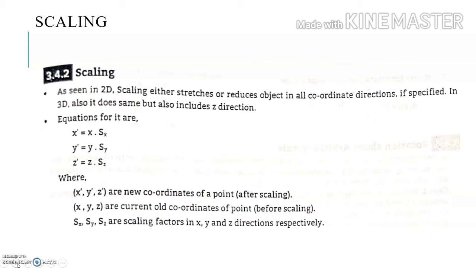In 3D it does the same, but it also includes the z direction. In 2D we studied scaling for the x and y axes, and in 3D we have to consider scaling for x, y and z directions.